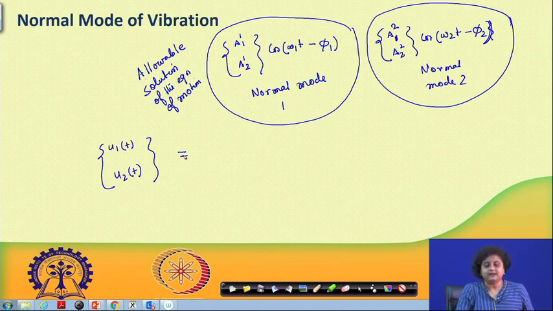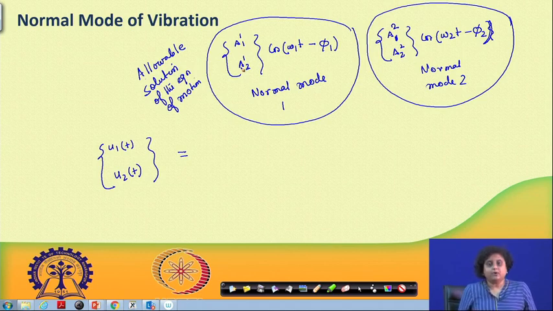We have seen that the normal mode of vibration is going to look something like a constant into a cosine function, another set of constant into another cosine function. Each of these cosine functions has a frequency omega 1 and omega 2. We know how to find out omega 1 and omega 2. We also know how to find out these constants a1 and a2.